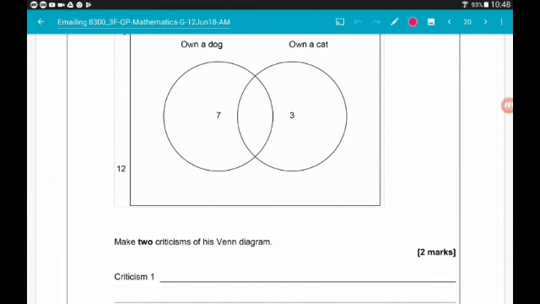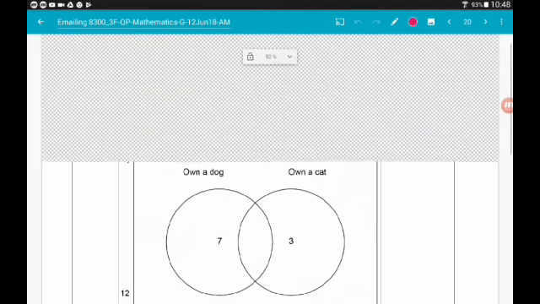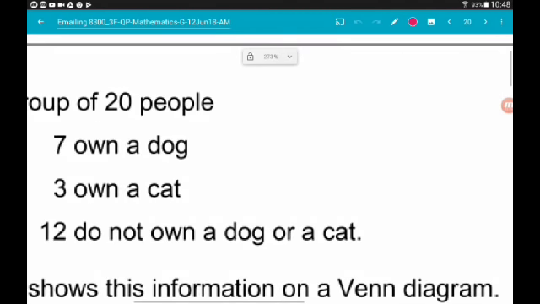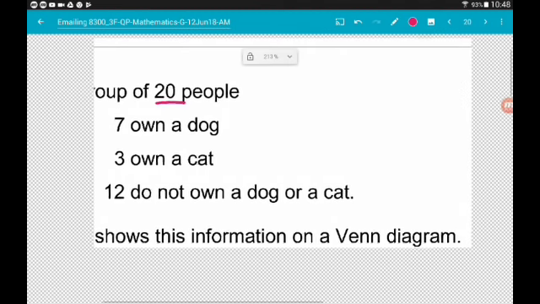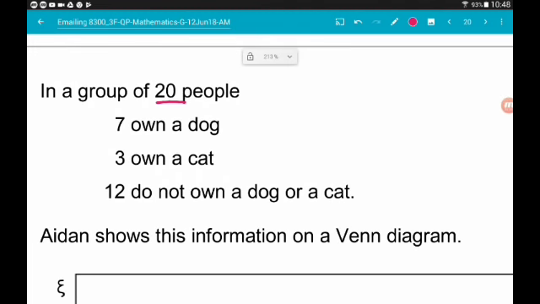So the first one is a group of 20 people. We've got 7 own a dog, 3 own a cat, that's 10, and then we've got 12 that don't own a dog or a cat. So we've got 22 people in our Venn diagram, and we are supposed to have 20.